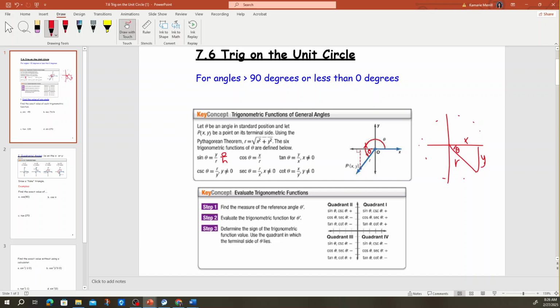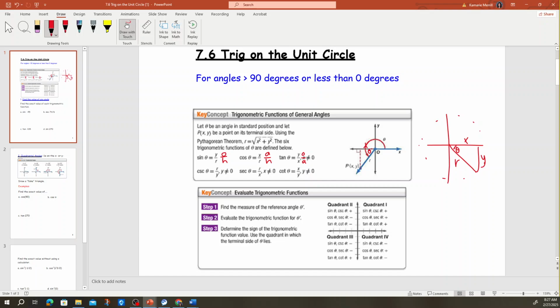I haven't taught you yet how to do a quadrantal angle on the x and y axis, and so this knowledge is really helpful, okay? So a cosine used to be adjacent over hypotenuse, but your adjacent is always going to be the x coordinate of whatever the point is that you're going through. And then your tangent, remember how it was opposite over adjacent?